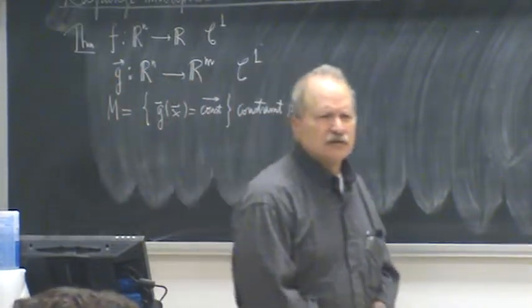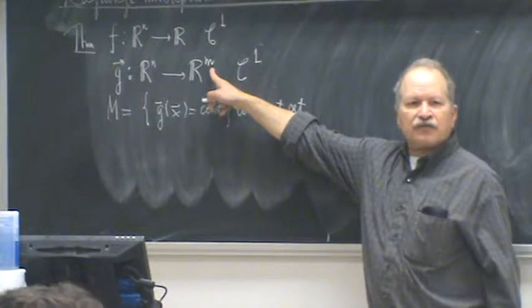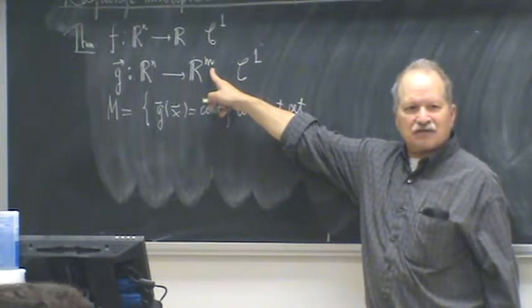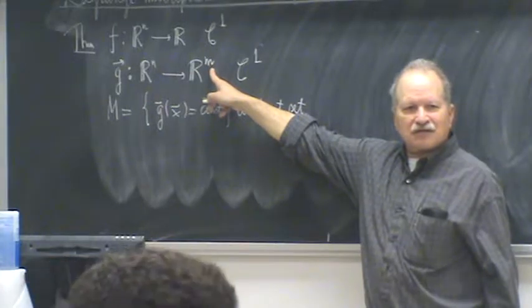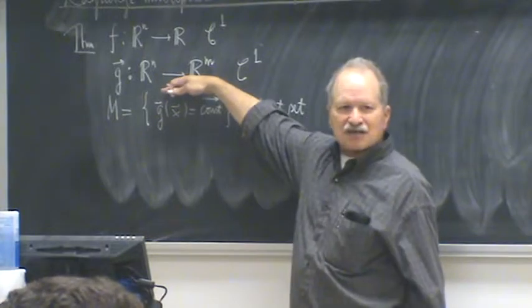If the derivative was... No, if I have multiple constraints. If the derivative of one of the g of x is never zero... No, but you have a bunch of g's.